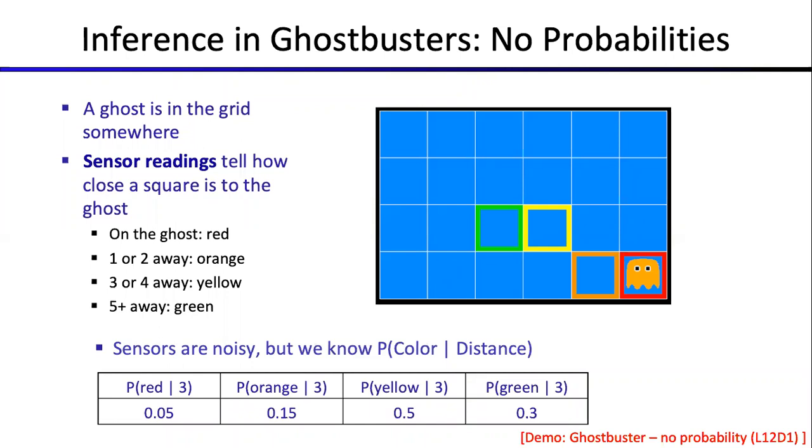that if you click on any cell here, then a box of different colors appears. And these different colors are red, orange, yellow, and green. And these colors are dependent upon how far the cell that you have selected is from the ghost.